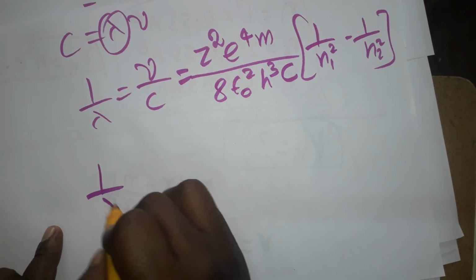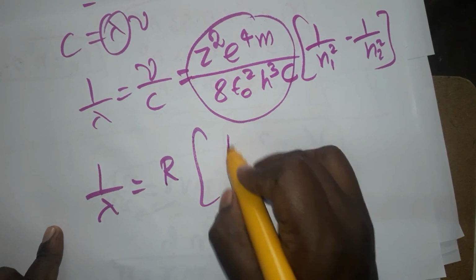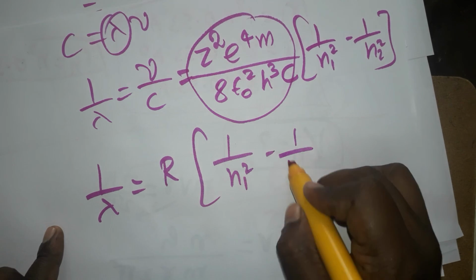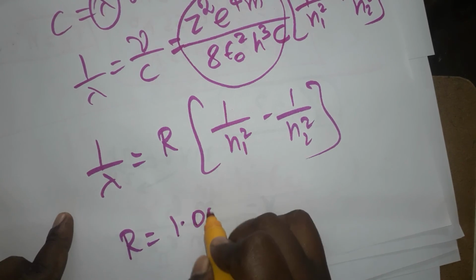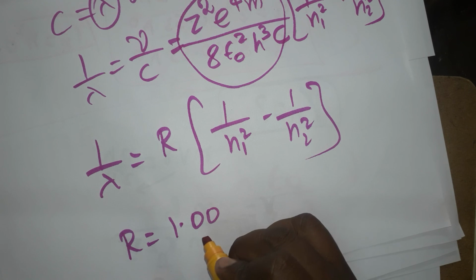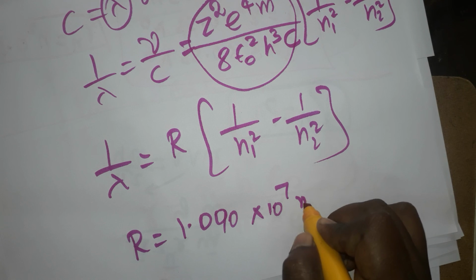So I got the wavelength. 1 divided by wavelength is equal to this whole thing, which I take as the Rydberg constant, times 1 divided by n1 square minus 1 divided by n2 square. The R value is a very simple value, which is given in the question paper, or you can get it from a constants table. There is no need to memorize this.